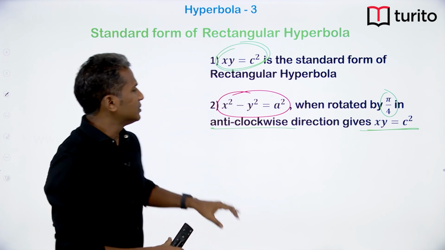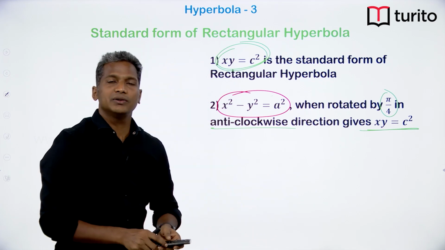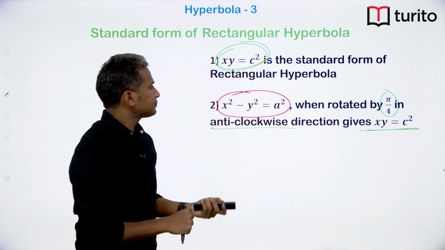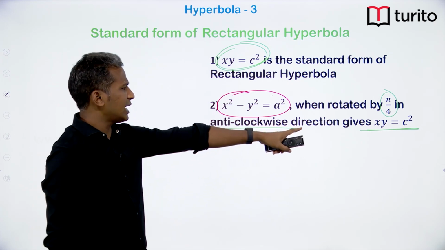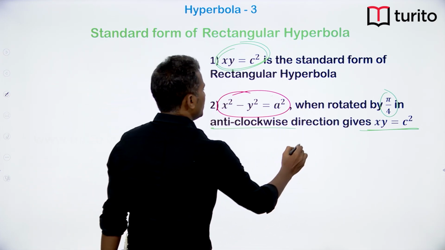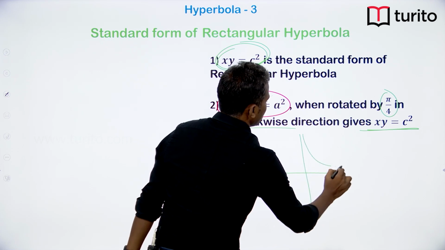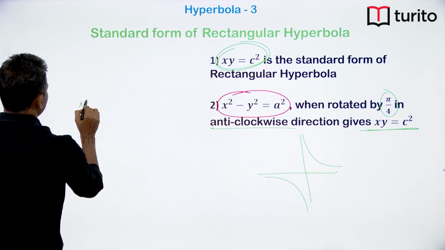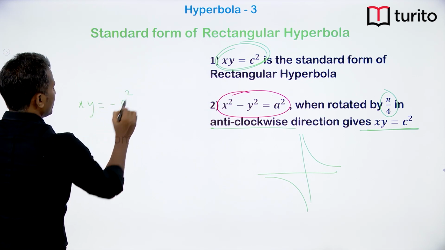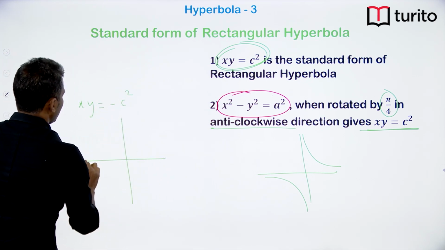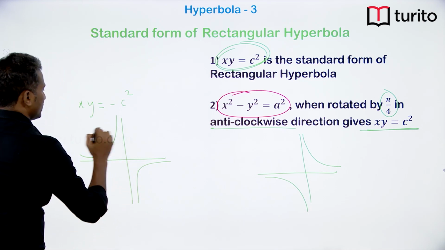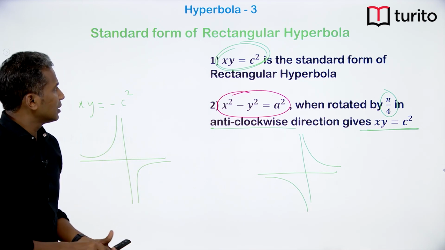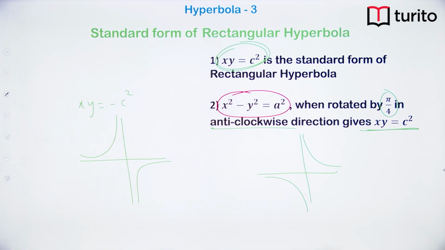Okay. So, this is the basic idea of the rectangular hyperbola. Okay. So, in general, if I take x y equal to c square, I am going to get the graph like this, and if I take x y equal to minus c square, I am going to get the graph only in the second and fourth quadrants. Okay. So, come on, make a note of this.